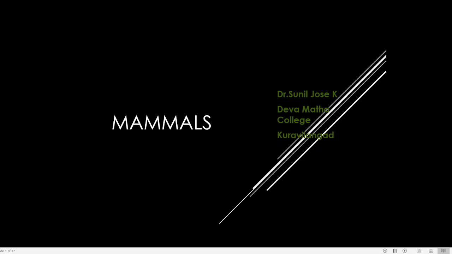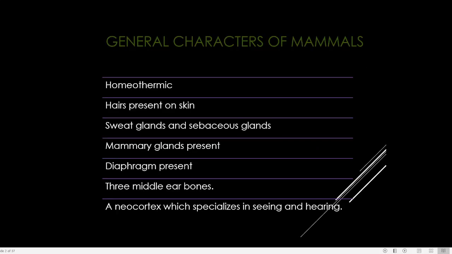Now coming to mammals, so mammals have certain important characters, and these are the important characters of mammals which we have to study. First character that is mentioned here is that they are considered to be homeothermic. Homeo means same or similar or constant, and thermic means temperature.